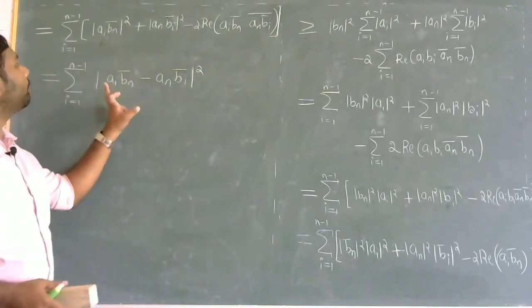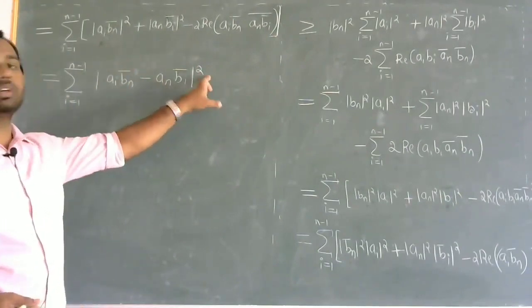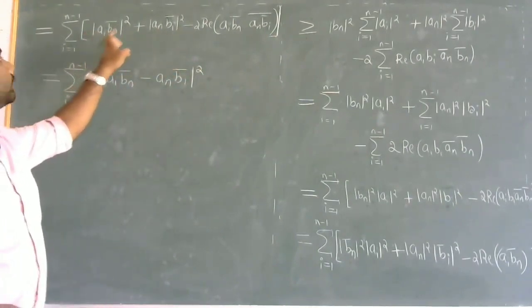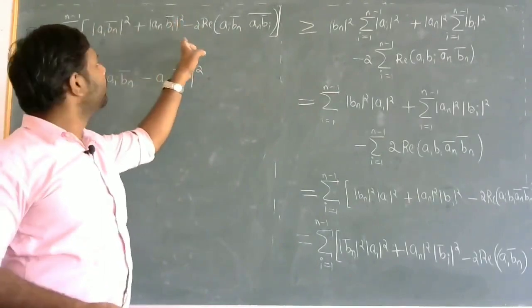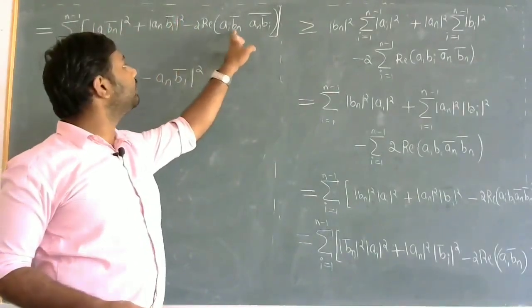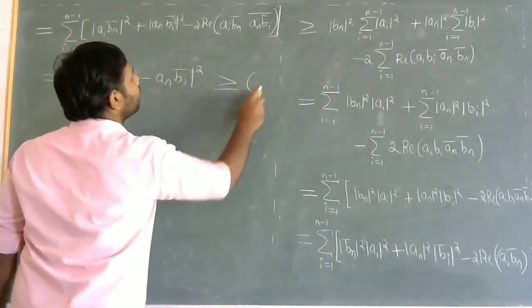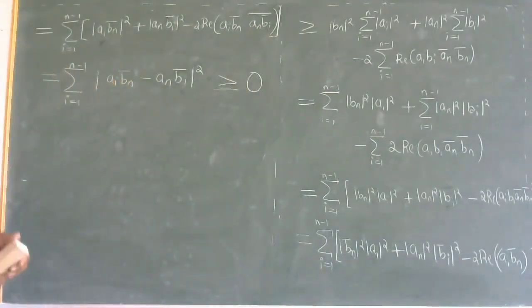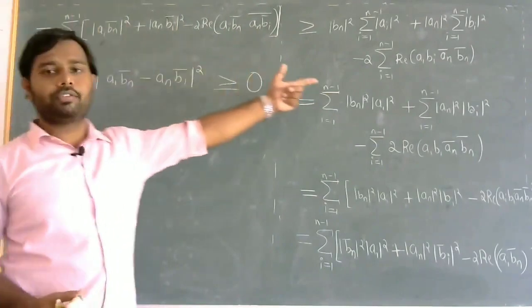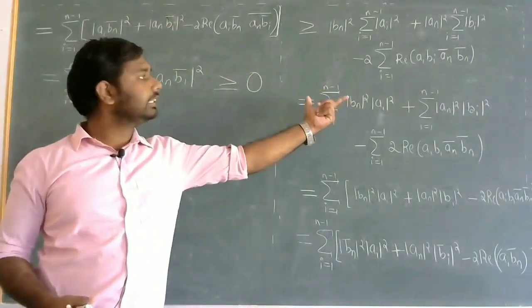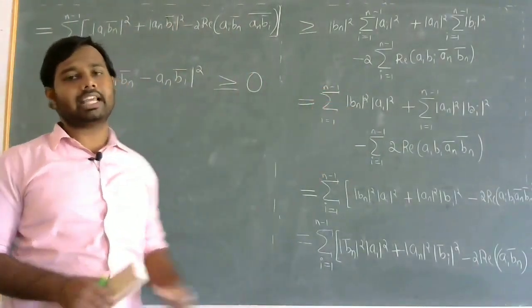So it is the formula modulus of z1 minus z2 whole square, modulus of z1 square plus modulus of z2 square minus 2 into real part of z1 into z2 bar. And this is nothing but greater than or equal to 0. And this step was equal to the first step. That was the result with respect to n, right?